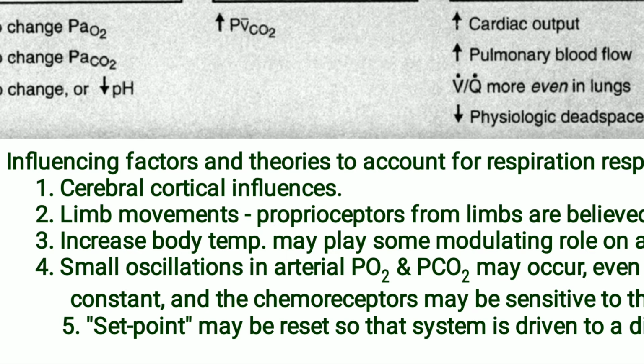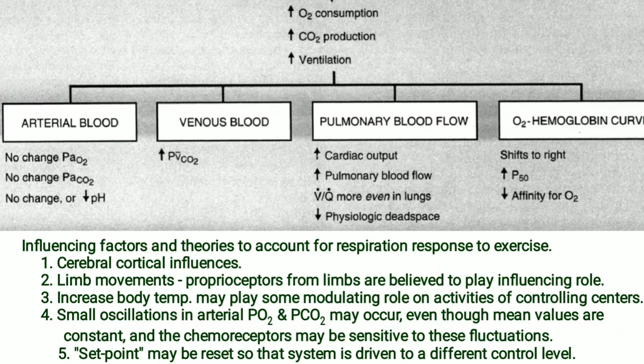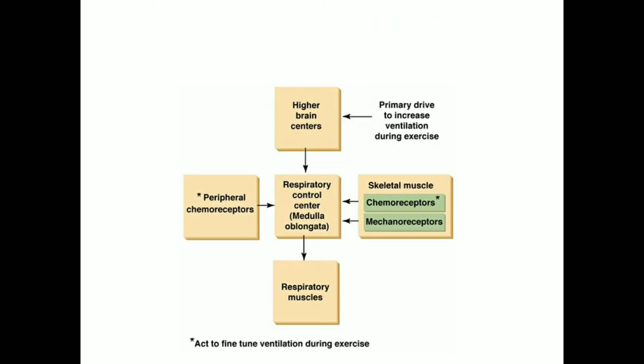The main factors are psychic stimuli, cerebral cortex influence, proprioceptor influence, increase in body temperature, increase in lactate, increase in plasma potassium level, and small fluctuations in arterial oxygen and carbon dioxide, which stimulate the carotid bodies to increase ventilation. All of these increase pulmonary ventilation.